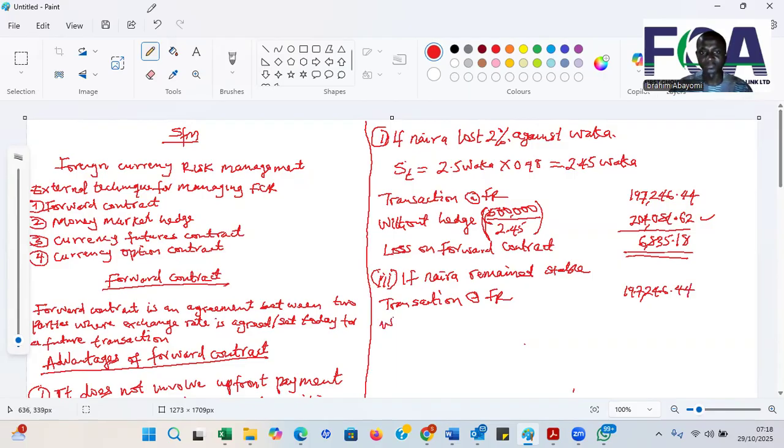Without hedge, it will be 500,000 divided by 2.5. That's 200,000.